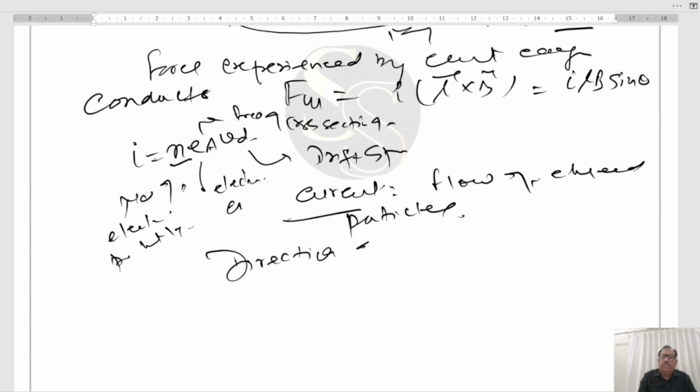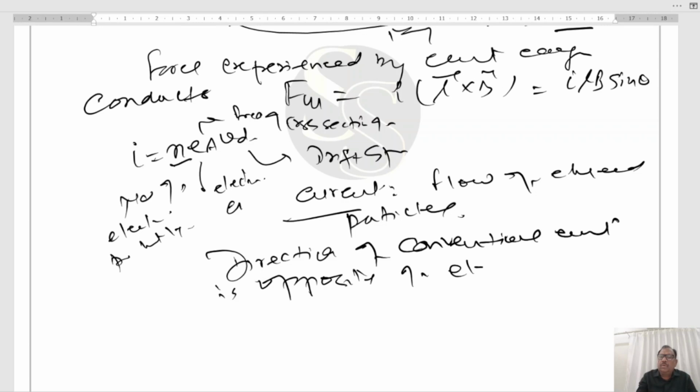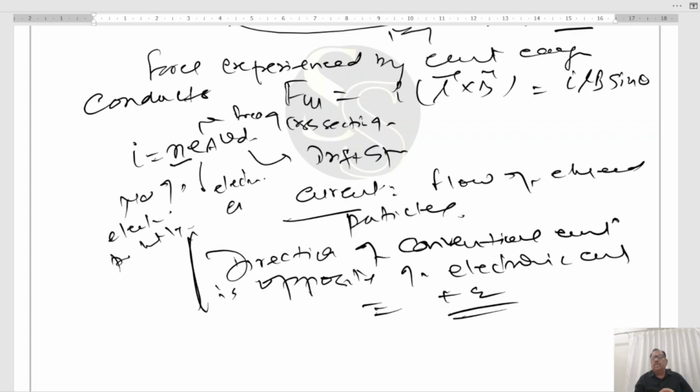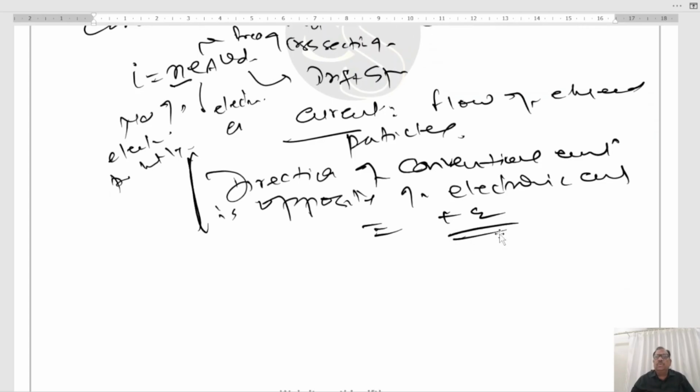Now, the direction of conventional current is opposite to the electronic current. Therefore, it can be considered as a plus q charge.